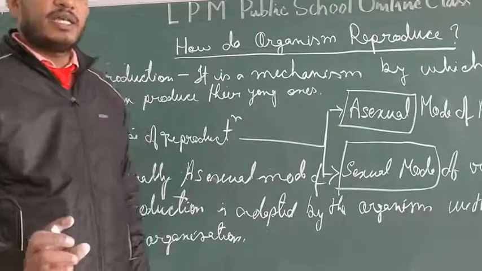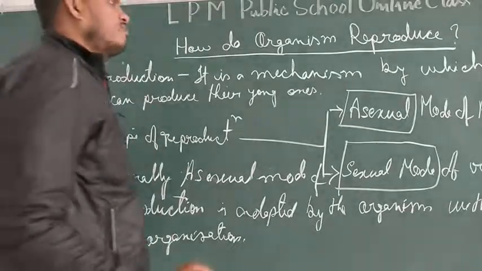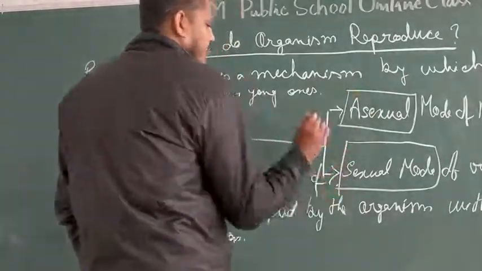Now, there is one more thing. What is the criterion or definition of the asexual mode of reproduction and what is the sexual mode of reproduction?